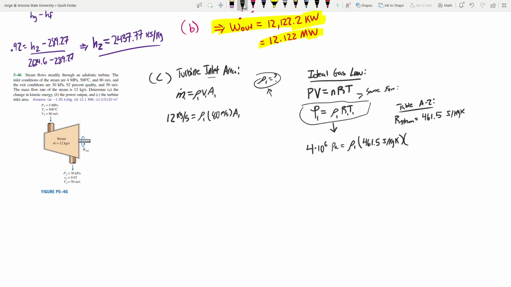And then finally T1. So T1 we know is 500 degrees Celsius. Converting that to Kelvin, we just add 273. So we get 7, or I'm sorry, let's redo that.